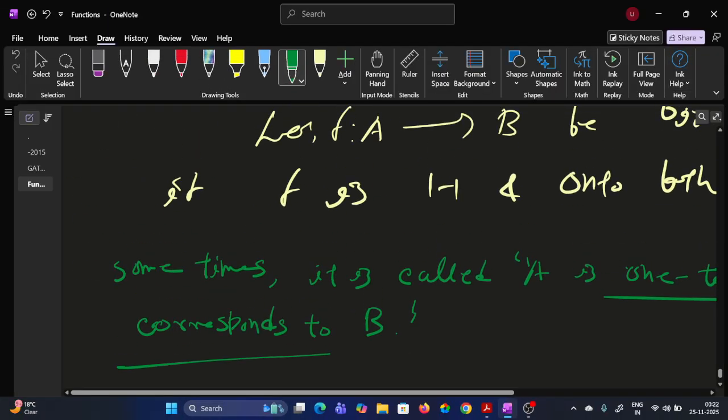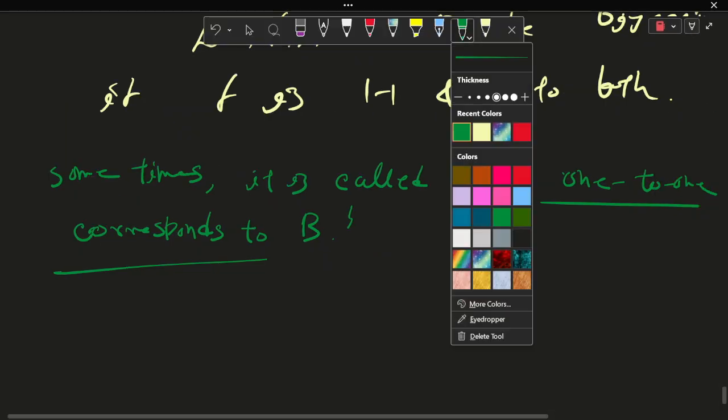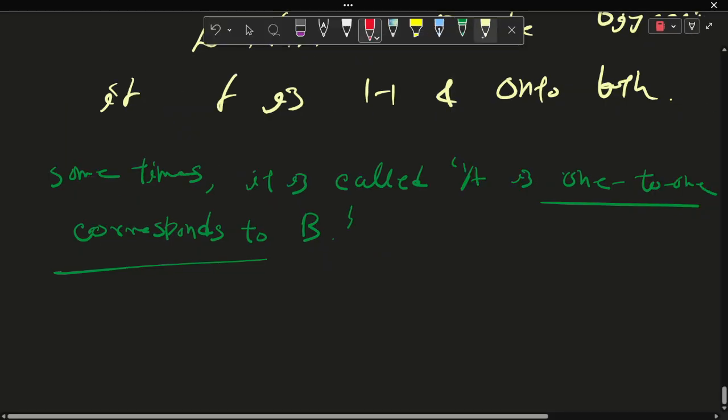The number of bijection mappings is very important.